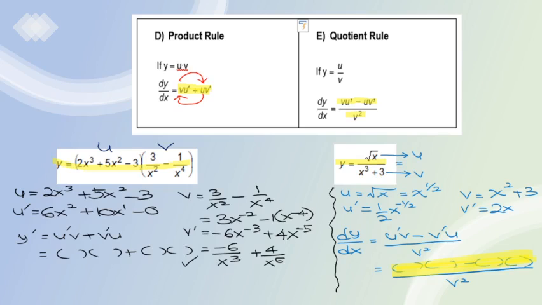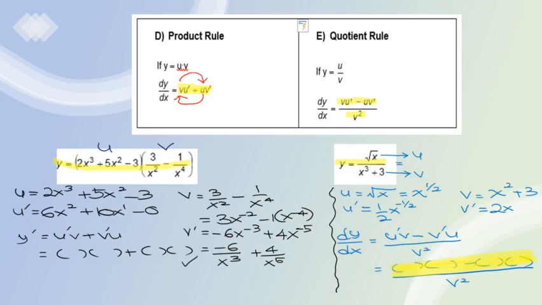And then minus 1 times minus 4, you will get plus 4x⁻⁴ minus 1, negative 5. And then make it neat: negative 6 over x cube plus 4 over x⁵.